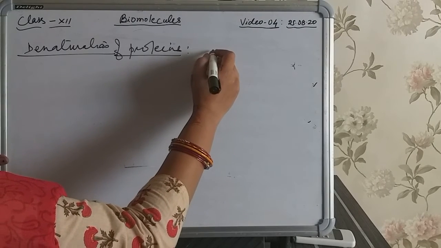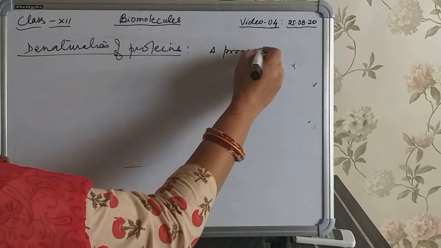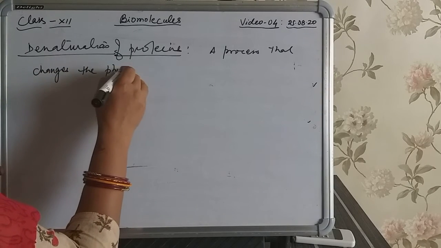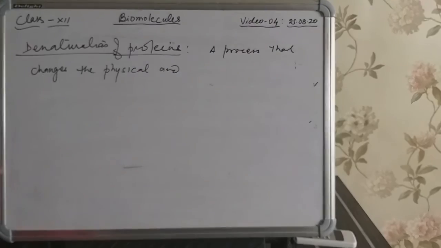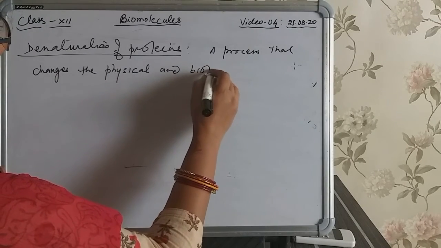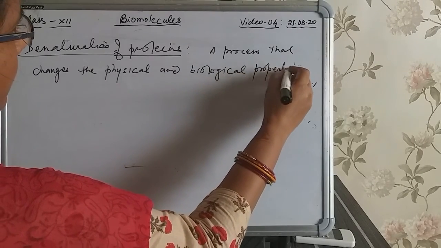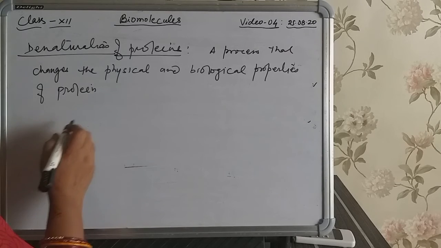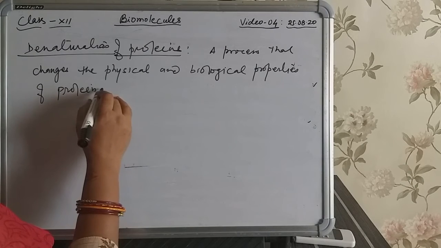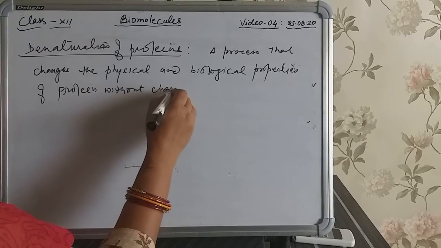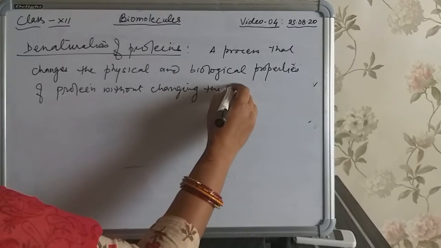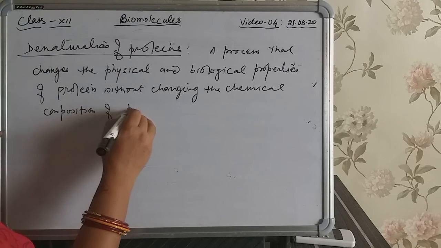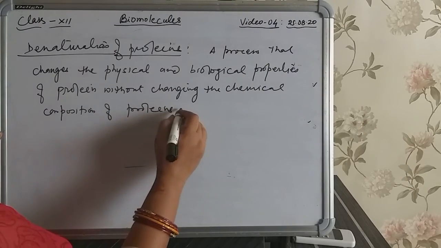Denaturation of protein is a process that changes the physical and biological properties of protein without changing the chemical composition of protein.